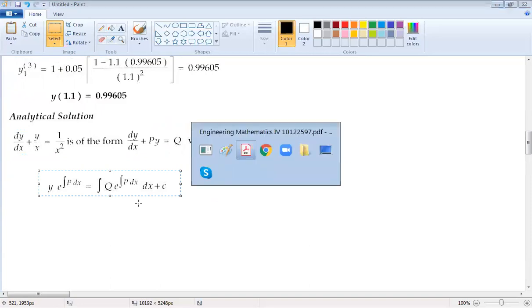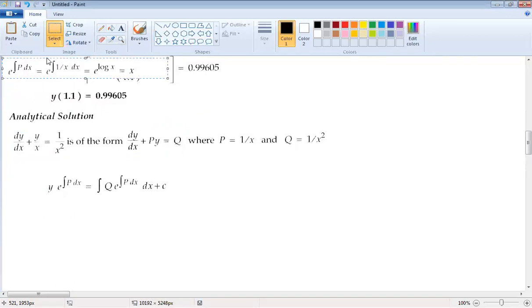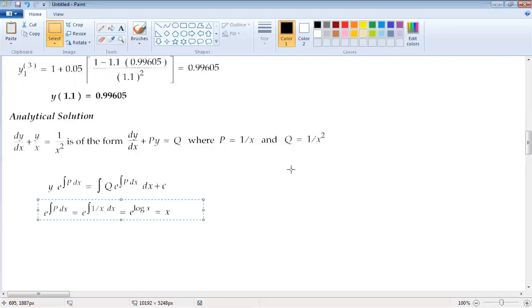Substituting the value of p. So first we'll find out e to the power integral p dx. So p here is 1 by x. So we get e to the power log x, and e to the power log x is nothing but x.